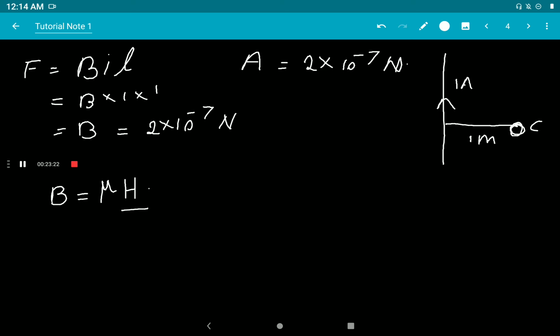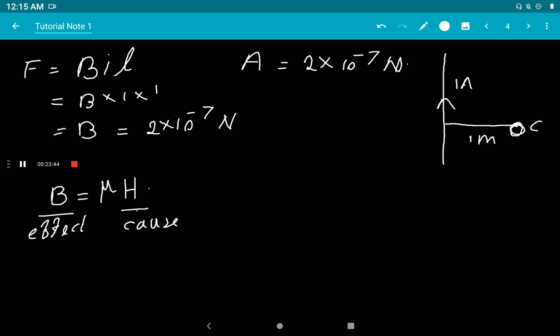Due to this magnetic field intensity, there will be a magnetic flux density. So H is a cause and B is the effect of this cause. So magnetic flux density B is directly proportional to H.